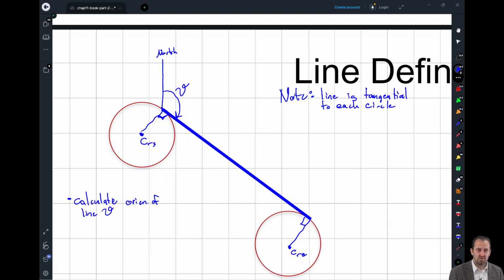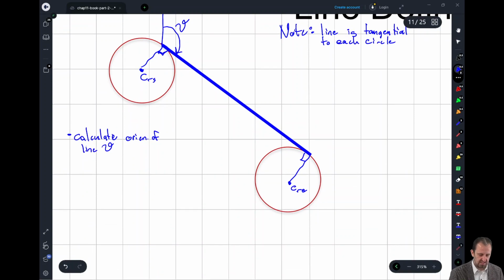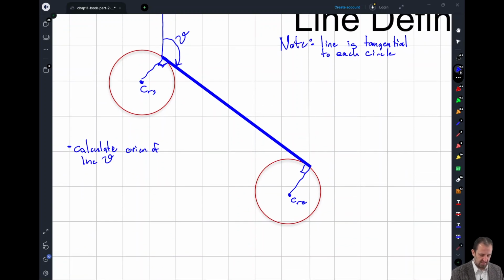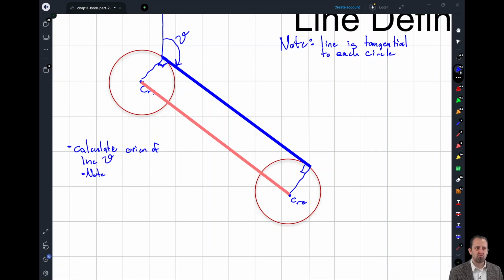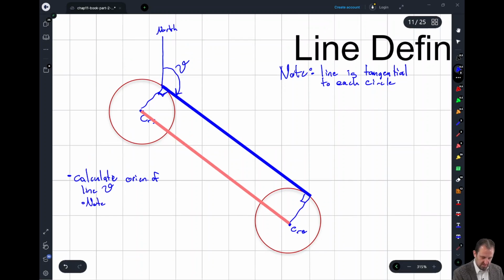For the straight line case, where we have the same orientation of each circle, this is fairly easy. We'll note that the line between the circles runs parallel to the line between the center points. I'm going to call this point Z1 and this point Z2.